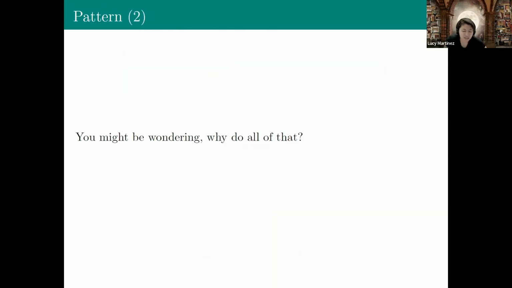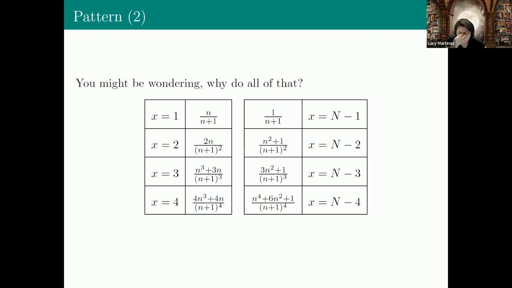Again, you might be wondering why do all of that. Well, if we convert all of those expressions in terms of n, with n equal to square root of p, then we get these nice expressions in terms of n. And this was the moment of, oh my God, what just happened?